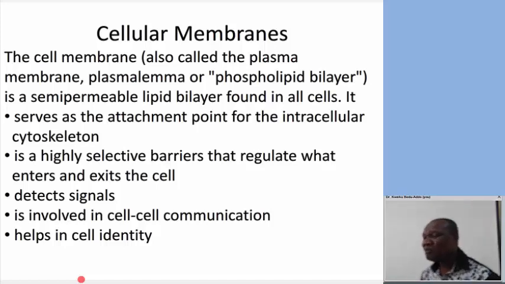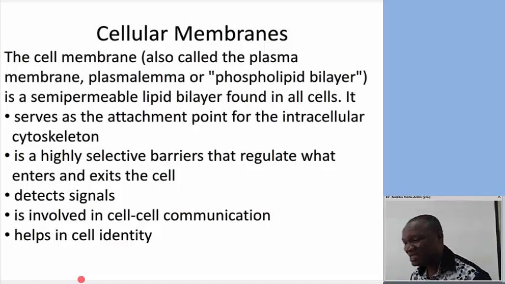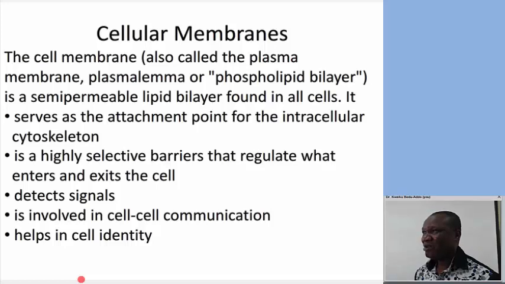They are involved in cell-to-cell communication as well. Information normally will move from one cell to the other, and this information transmission involves the cell membrane. And they are involved in cell identity. On the cell surface, there are certain proteins which give identity to these cells.